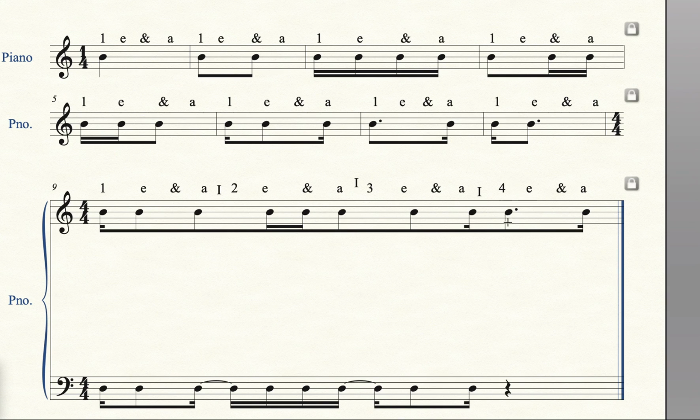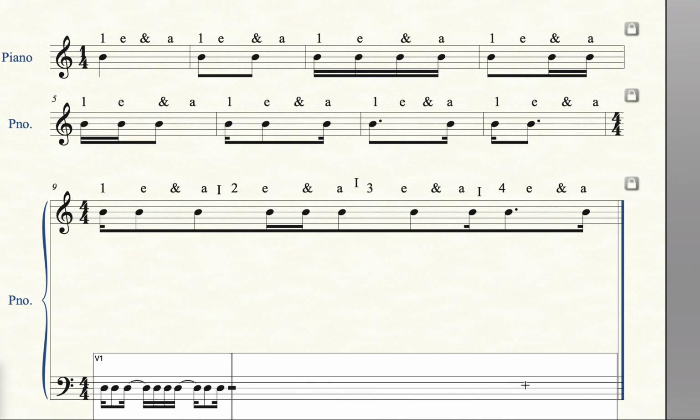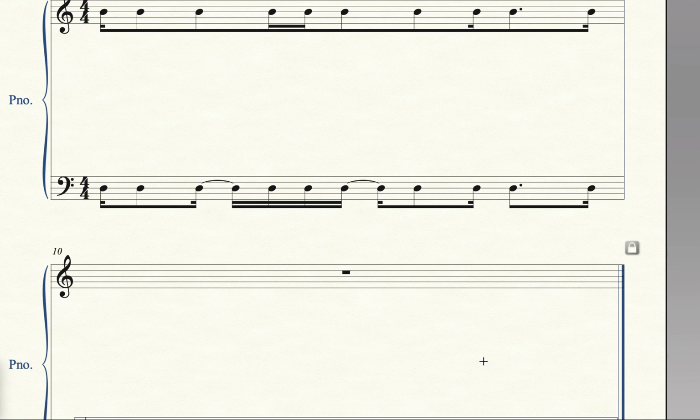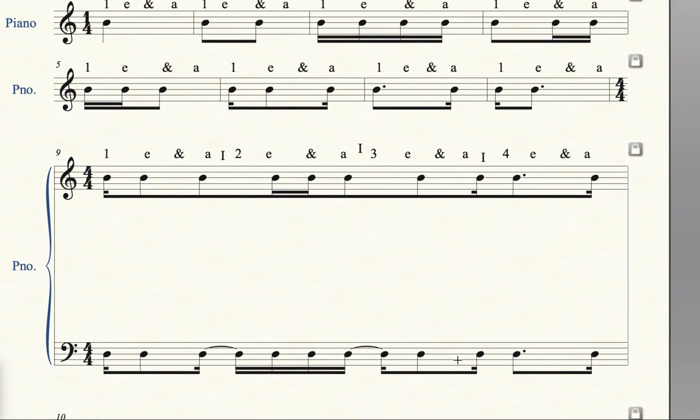And then the last one, it's starting to get a little bit offset here. 4 E and corresponds to this, and the last is here. It's the same as this. 1 E and. So that's our last beat.